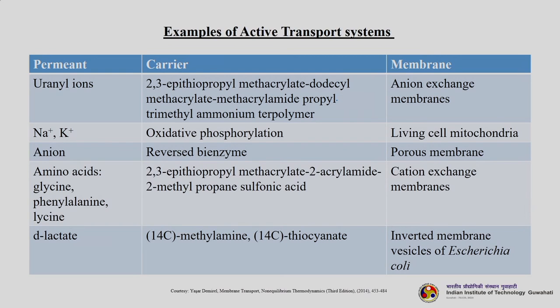In the case of transport of sodium and potassium, oxidative phosphorylation will be the carrier and the living cell mitochondria is the membrane. In the case of anions, reversed bi-enzyme is the carrier and a porous membrane can be the membrane. There are other examples also, you can go through them later on.